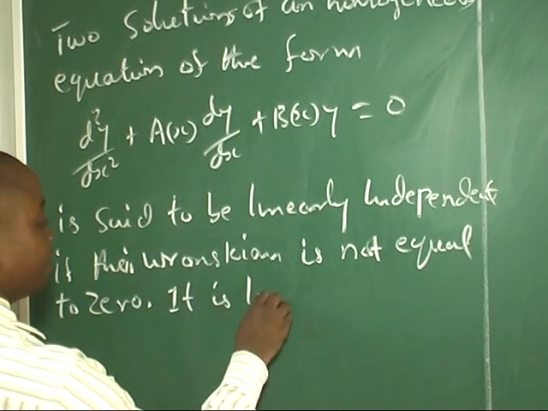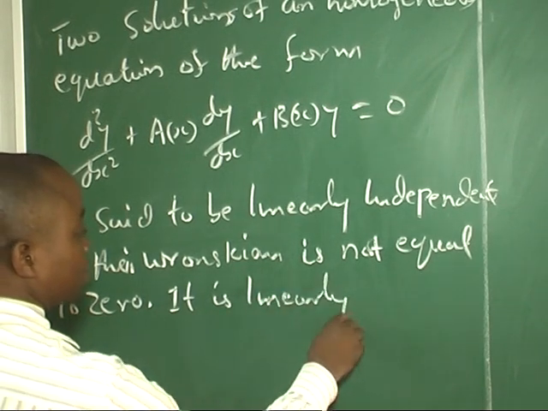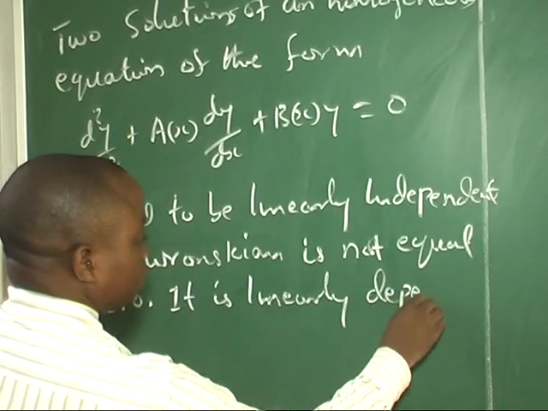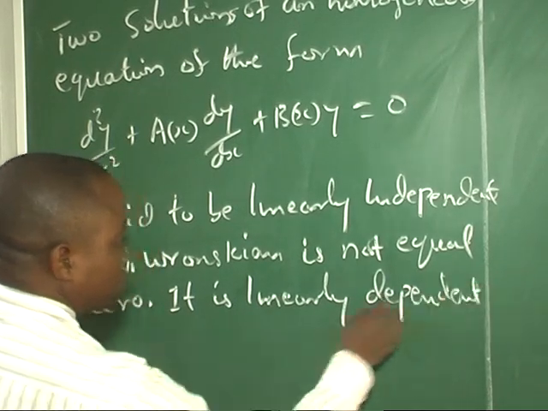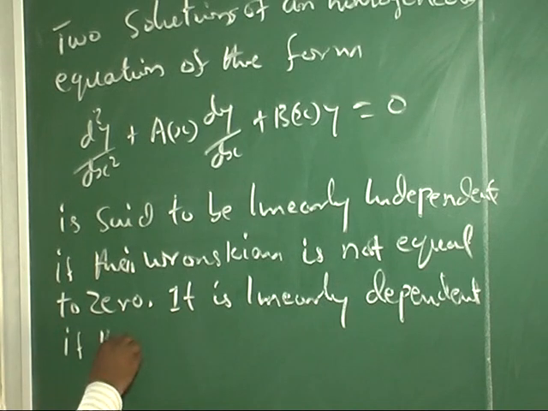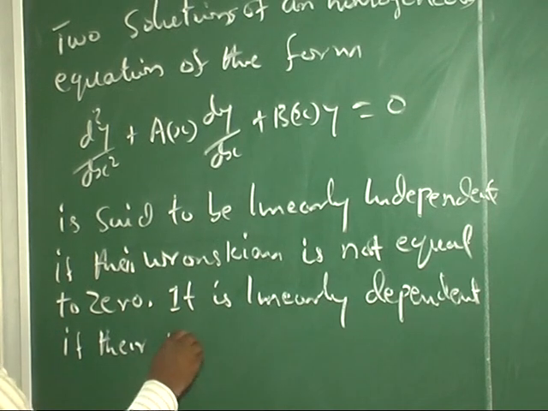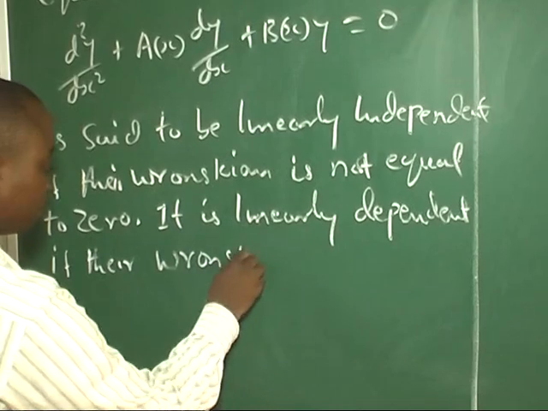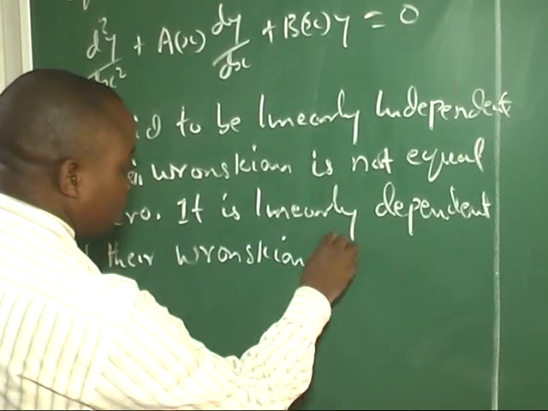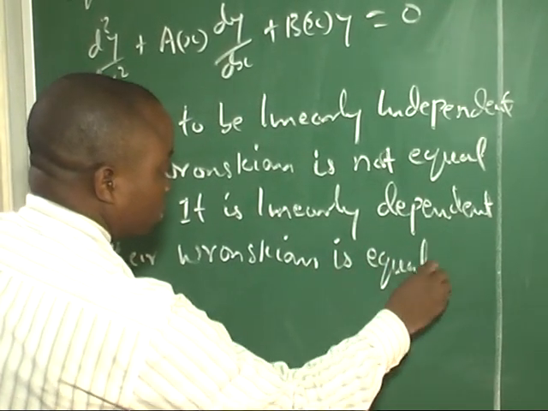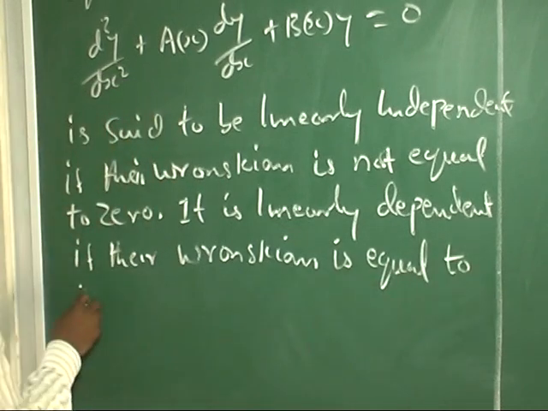They are linearly dependent if the Wronskian is equal to 0.